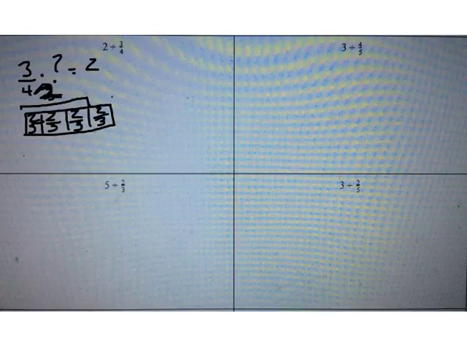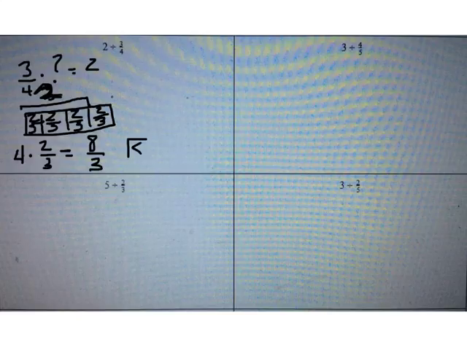I can see that I have 4 groups of 2/3. What's 4 times 2/3? Write your answer as an improper fraction. It's 8/3. Go ahead and change 8/3 into a mixed number now. 8/3 is 2 2/3. So 2 divided by 3/4 is 2 2/3.